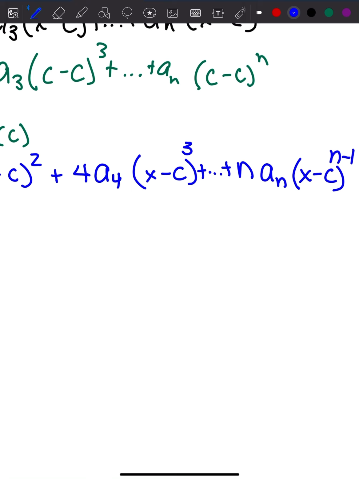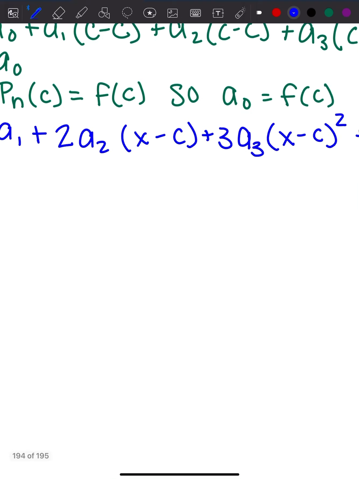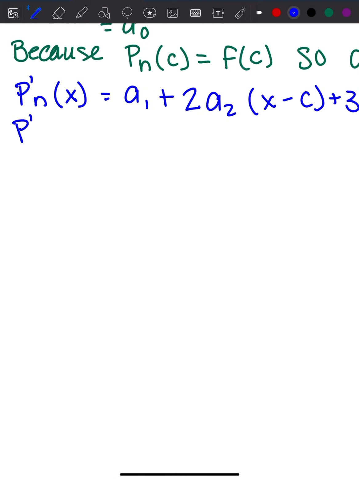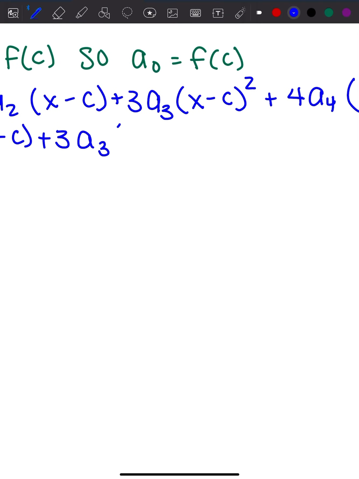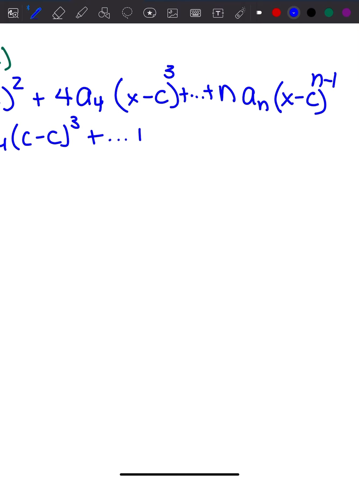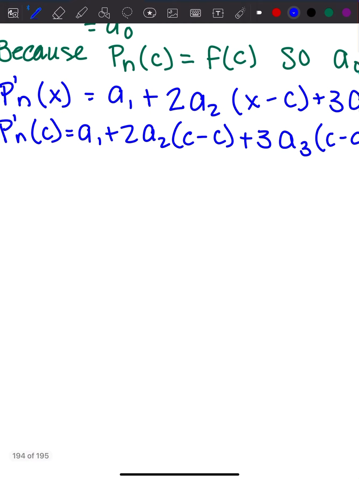So what we're going to do now is we're going to plug in c just like we did before. So anywhere I have an x, I'm going to have a c instead. Otherwise, it is the exact same thing as what we just wrote. And because we have c minus c a bunch of times, those are all going to go to zeros again.